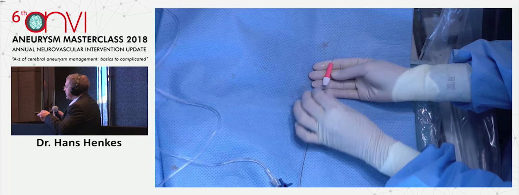Okay, good. So we see here the movement of the detachment, and we will see the detachment hopefully on this fluoroscopic image in the right lower field. Yeah, this is perfect. So now it opened.